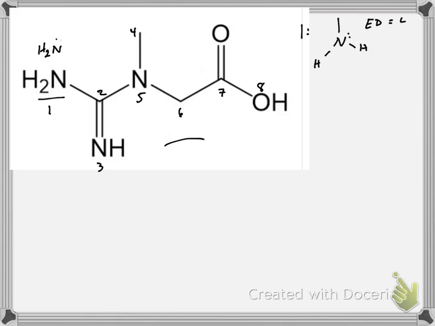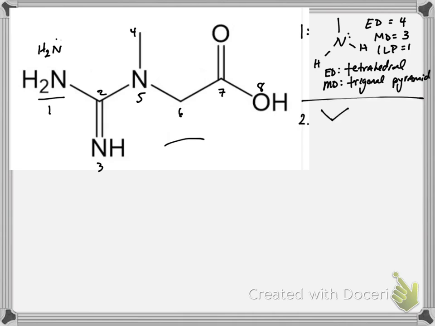That's going to have an electronic domain of 4 because we include the lone pair, so 3 bonds plus the lone pair, and molecular domains 3. So that means we have a tetrahedron electronically, but the molecular geometry is trigonal pyramid.